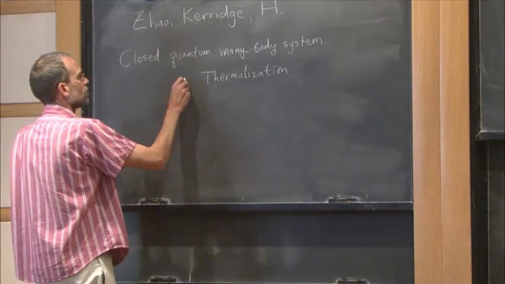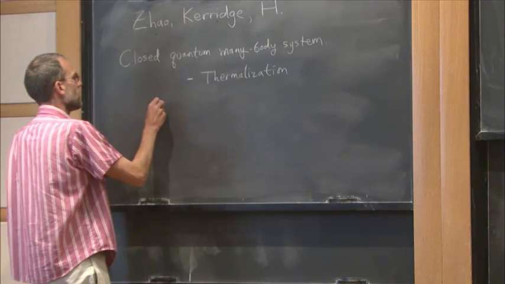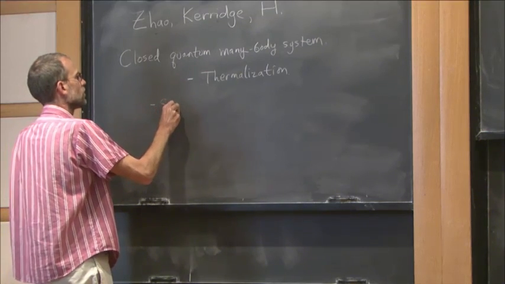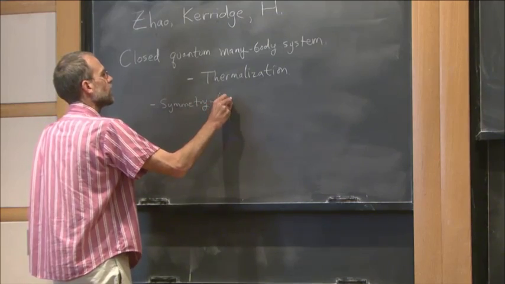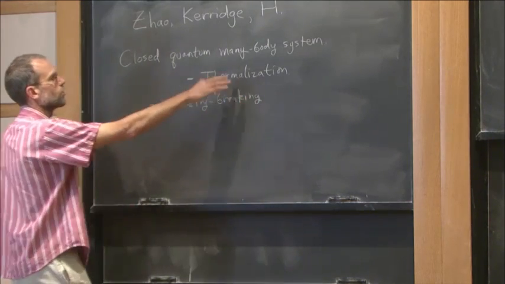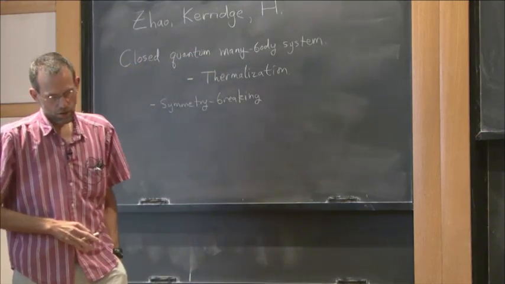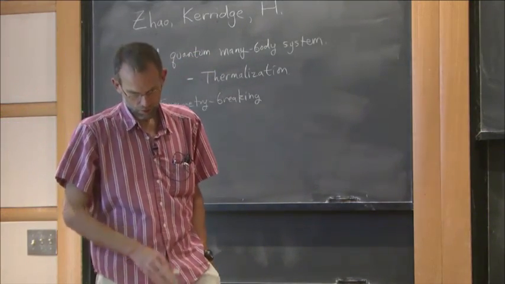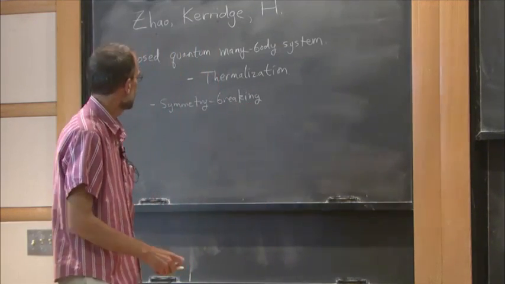What I am actually going to look at is the combination of thermalization and phase transitions, so spontaneous symmetry breaking, playing out together in a closed quantum mechanical many-body system. So that's the setting.